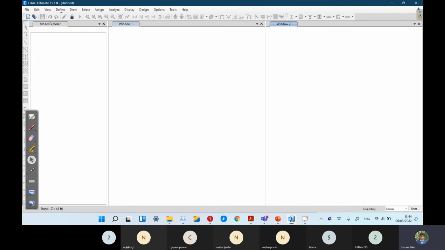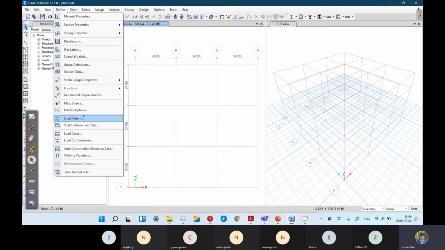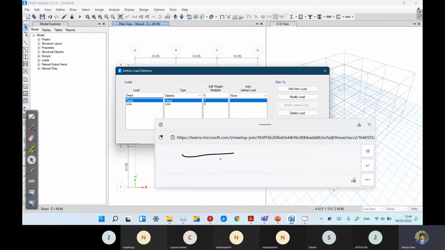If we go to Define and Load Patterns, and define a seismic load pattern, just change its name.